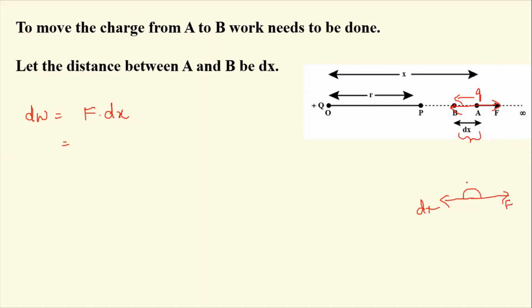So what is the angle here? 180. So this will become F dx cos 180. What is cos 180? Cos 180 is minus 1. So this becomes minus F dx. This is the amount of work done in moving this test charge from the point A to the point B.